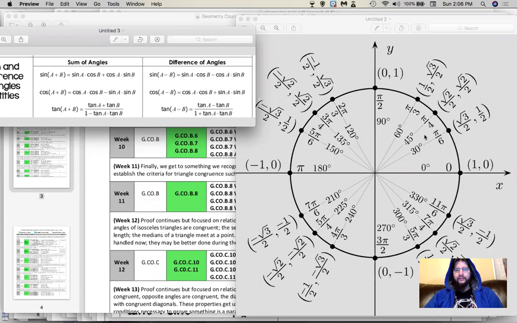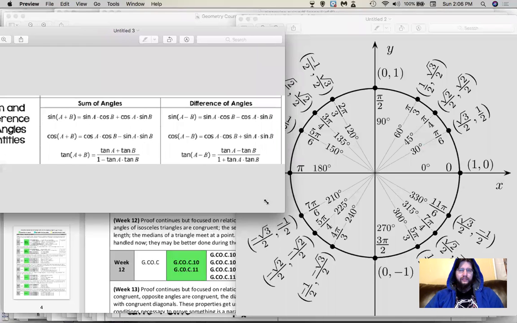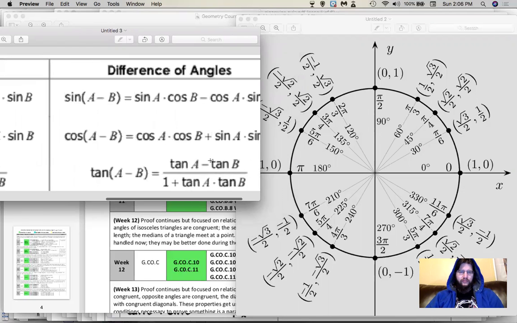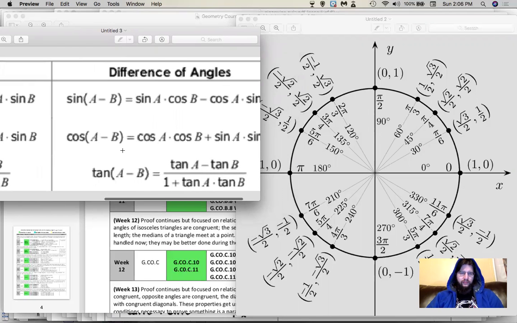Okay, so that's what we got here. We got pi over 3, pi over 4. We're dealing with tangent, so we're subtracting, it's this one down here. Grab that.